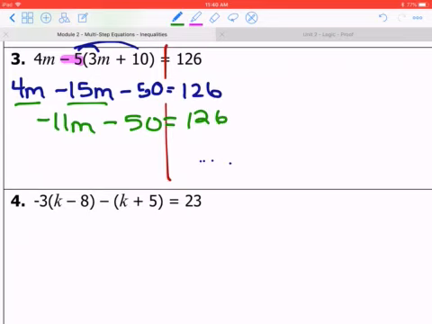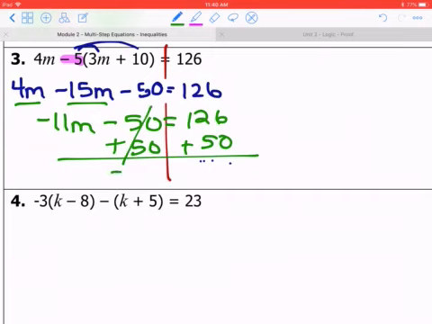And so now I'm going to add the 50 to both sides. Whoops, over here. I'm going to add 50 to this side because we want to undo. So these cross out. So I'm now left with -11m is equal to, when I add 126 and 50, that's going to give me 176.